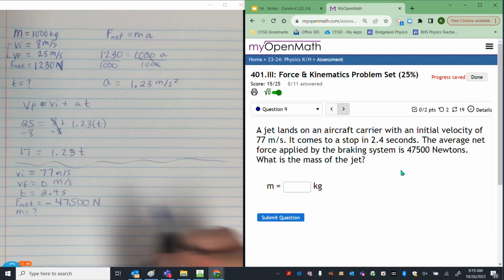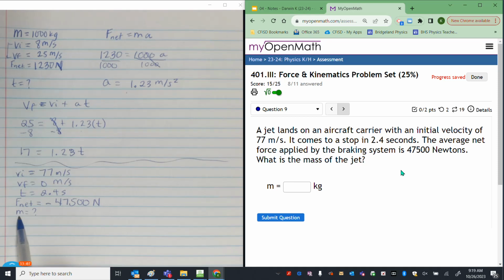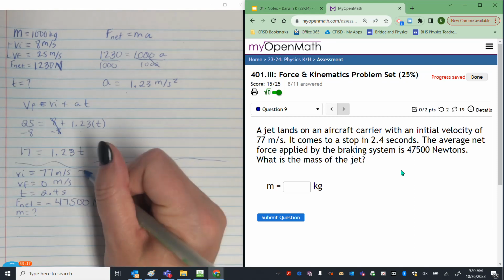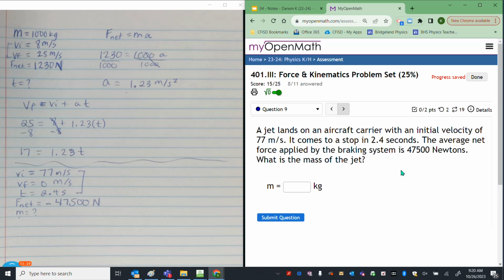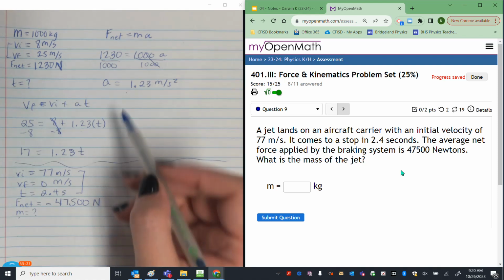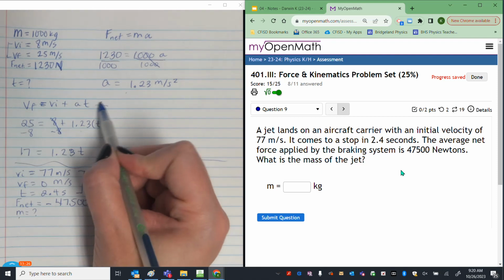What is the mass of the jet? Again, mass only shows up in my F-net equation. It's not in any of my kinematic equations. So I can't solve for mass without acceleration and net force. And I don't have acceleration right now, but I do have some information up here that I can plug into a kinematic equation to solve for acceleration. And in fact, it's the same kinematic equation we just used right here. We can solve for acceleration with this.